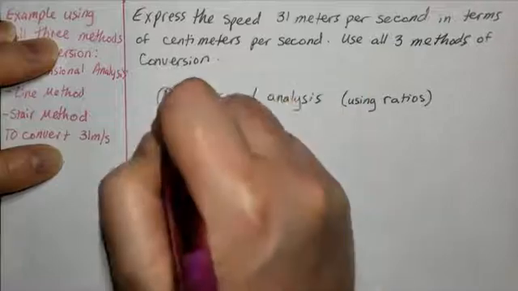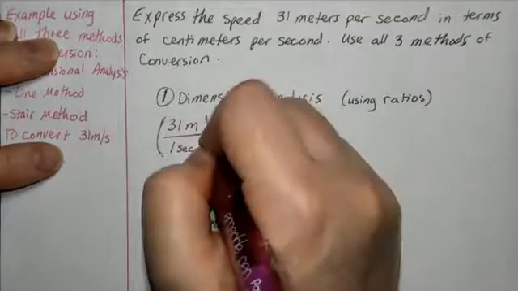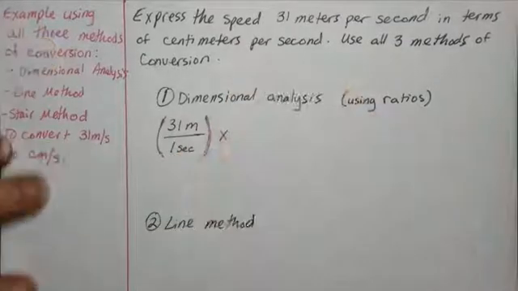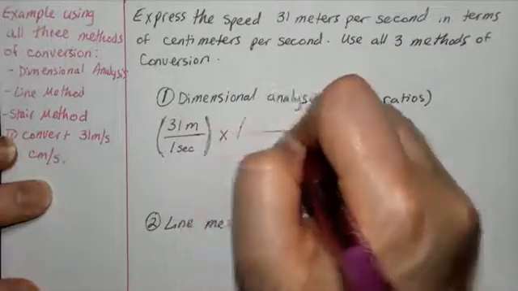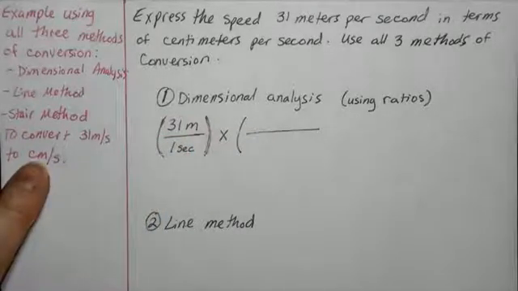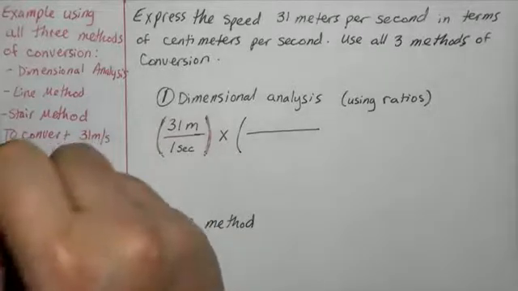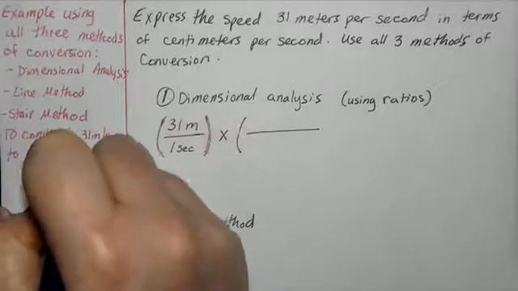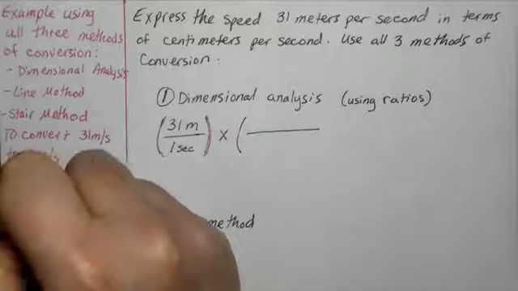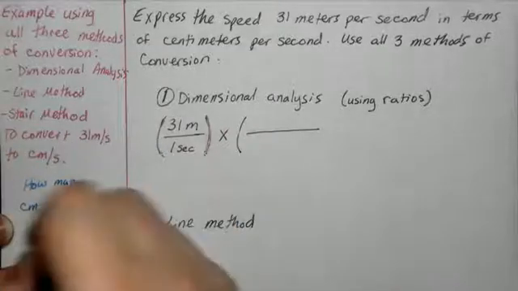You are not in high school or college yet, so we're going to do it old school. We're going to do parentheses times our first ratio. We're trying to convert meters into centimeters. So what is our conversion factor? How many centimeters equals 1 meter? Well, there's 100.